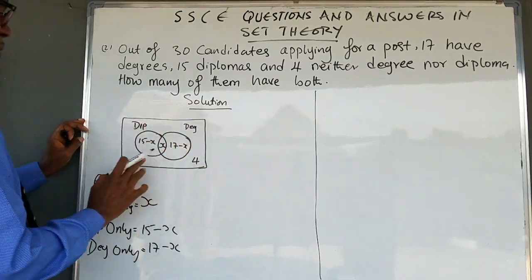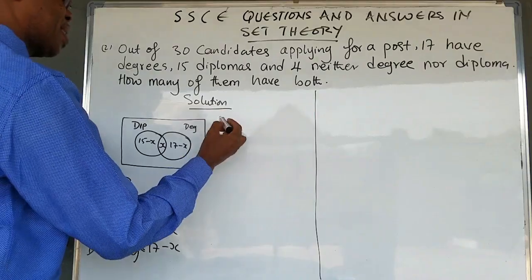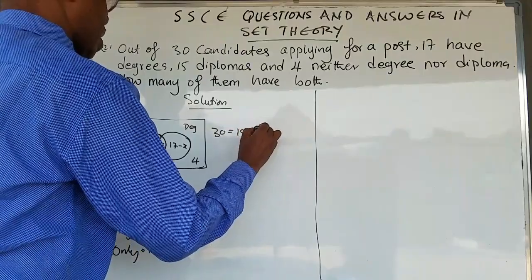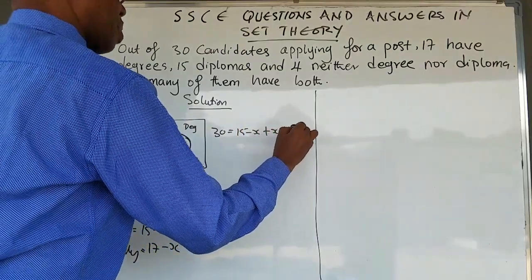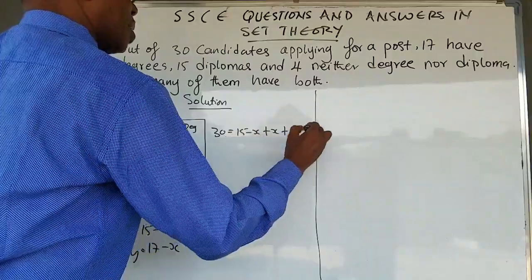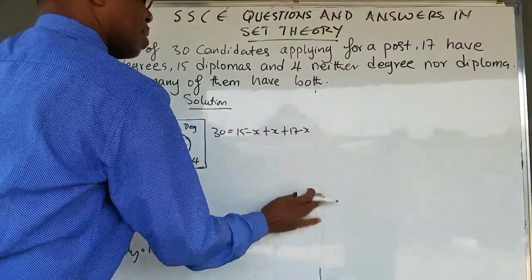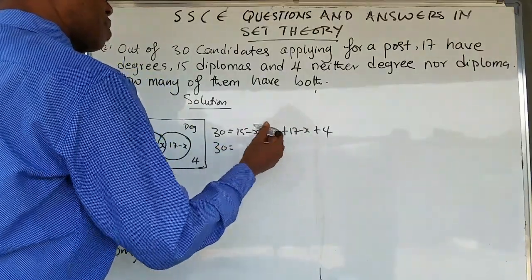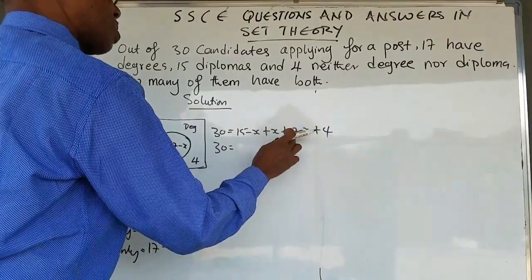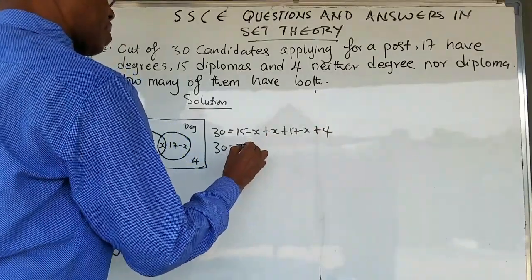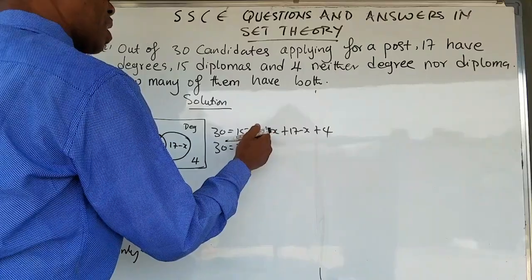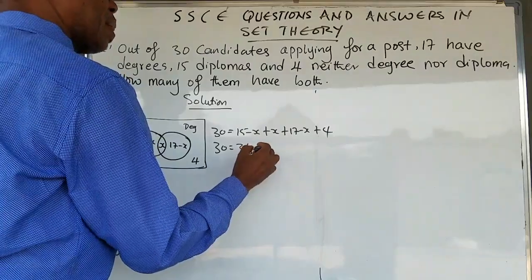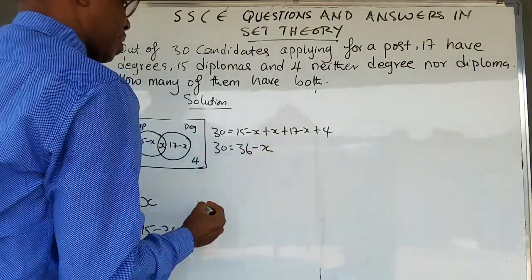Then all of them total will give us 30. So I will now say that 30 is equal to 15 minus X plus 17 minus X plus 4. So that means 30 is equal to 15 plus 17, which is 32, and 32 plus 4 is 36, minus X minus X, so we have minus 2X.